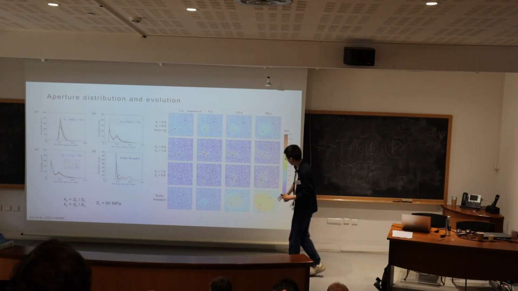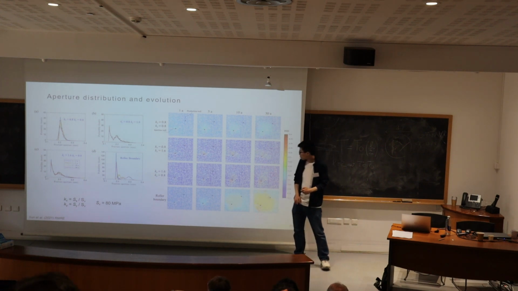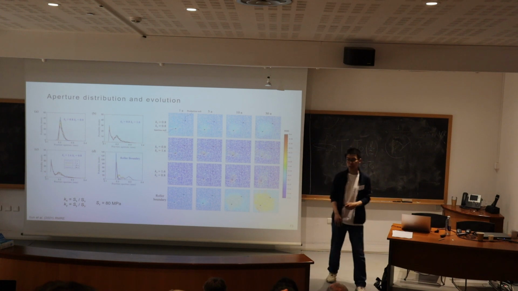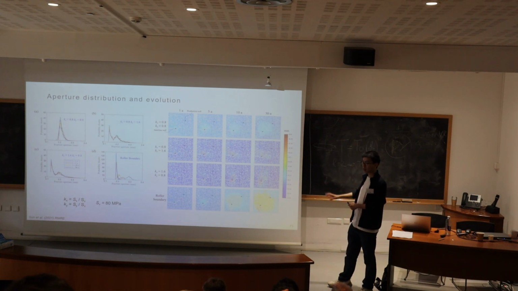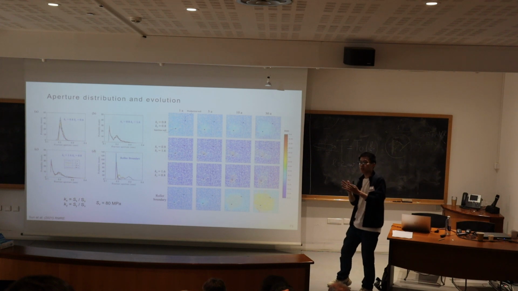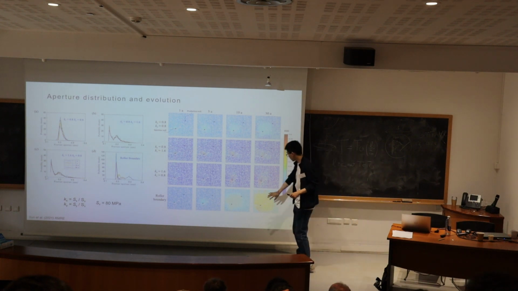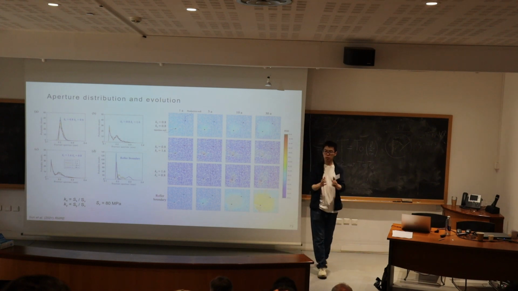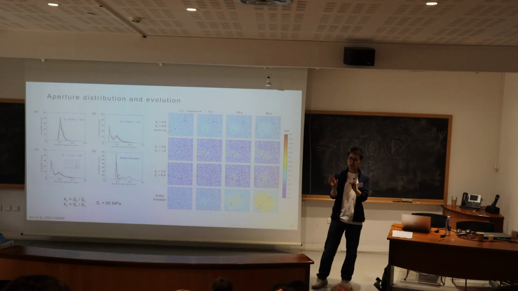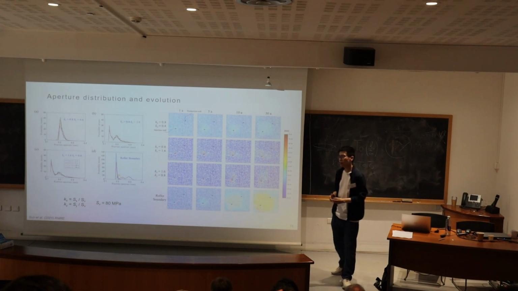Okay? So it can significantly overestimate the aperture enlargement. This is because it doesn't really consider the compression caused by the stress. When the temperature decreases, the rock experiences shrinkage, and then it opens the fracture.